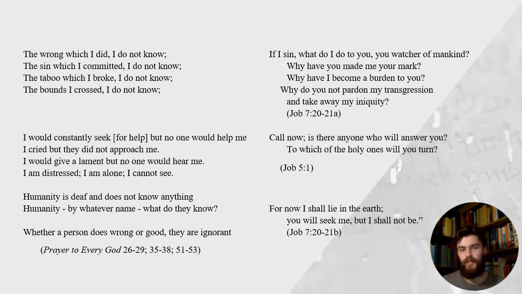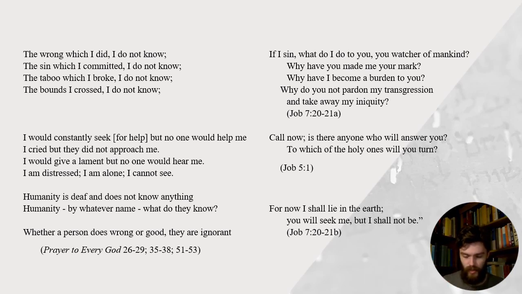Prayer to Every God continues, "I would constantly seek for help, but no one would help me. I cried, but they did not approach me. I would give a lament, but no one heard me. I am distressed and alone and cannot see." And in Job, obviously, this idea where Job's friends will say, "Well, call, is there anyone who will answer you? To which of the holy ones will you turn?" Meaning the angels. They're no help to you.